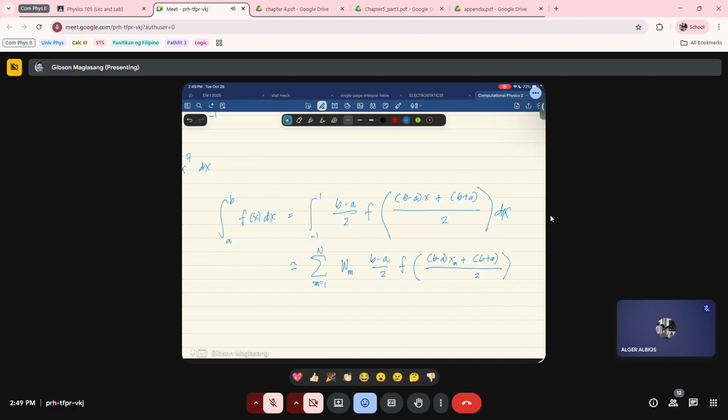So technically, it has been converted. From this f of x dx, it became an integral that looks like this.